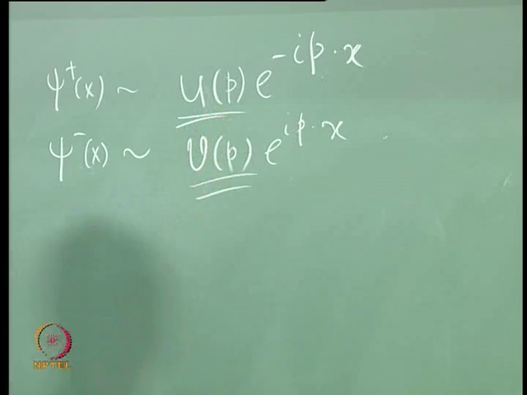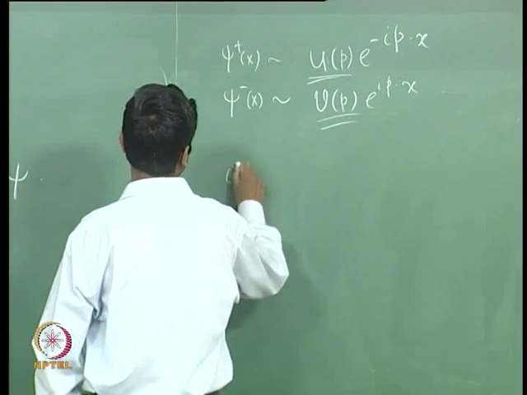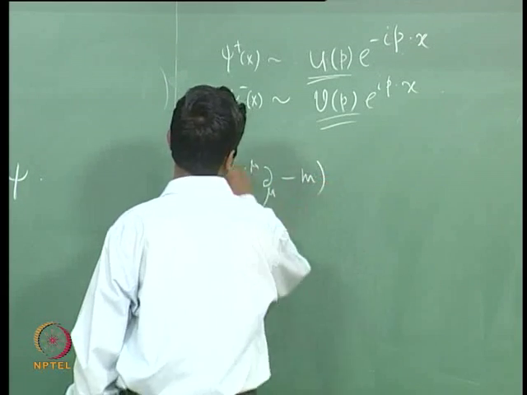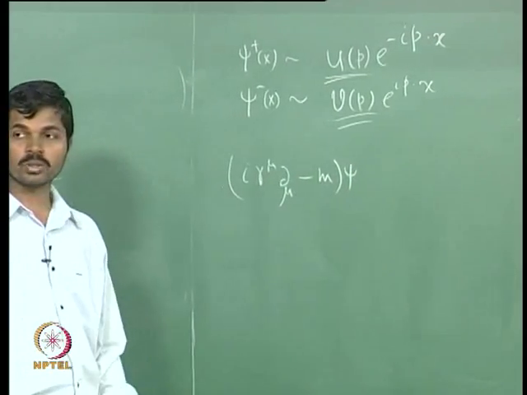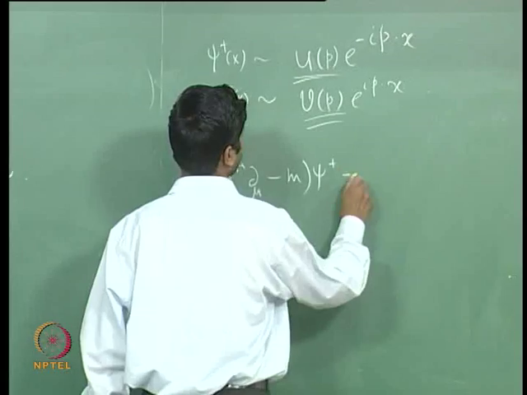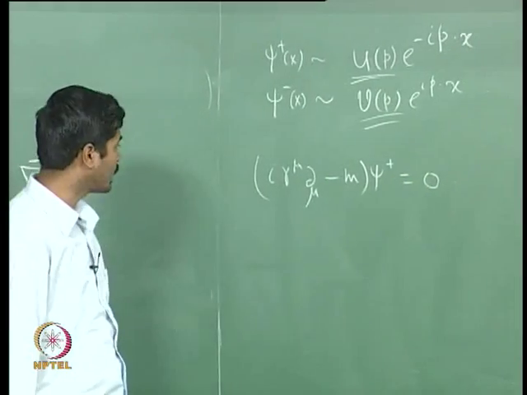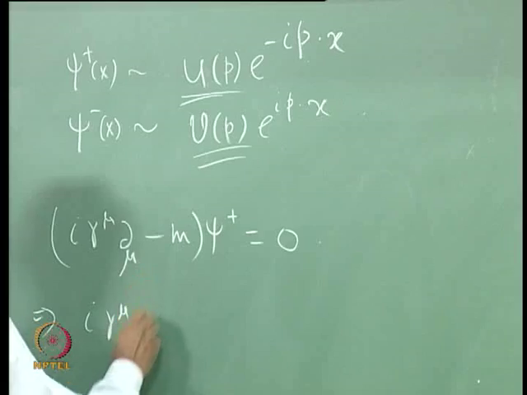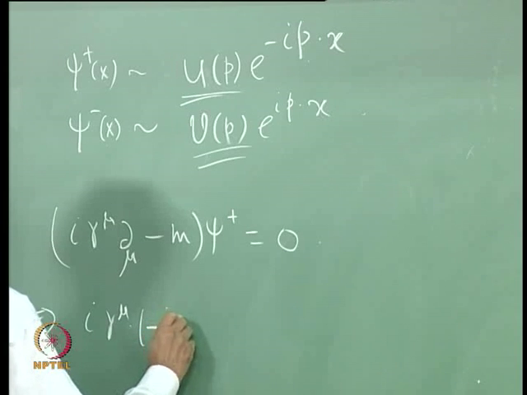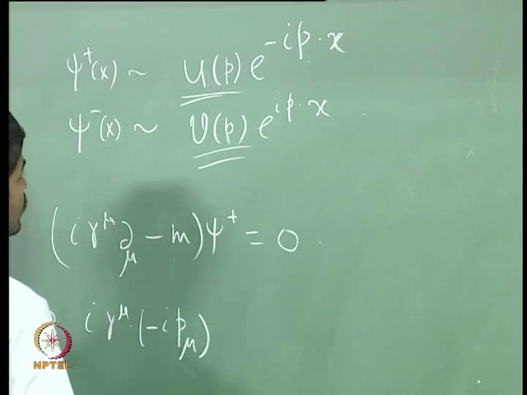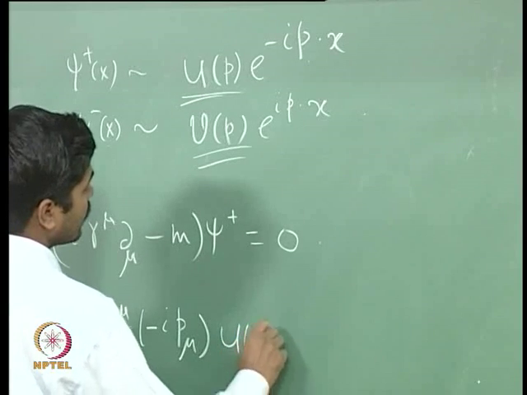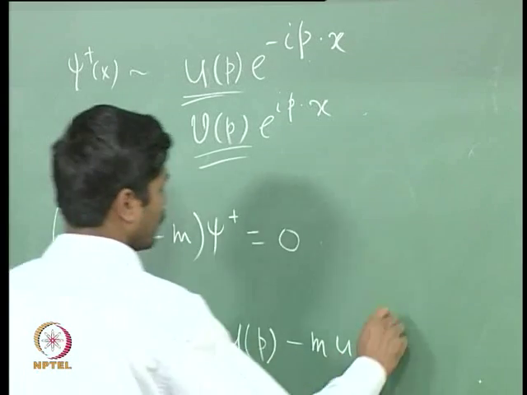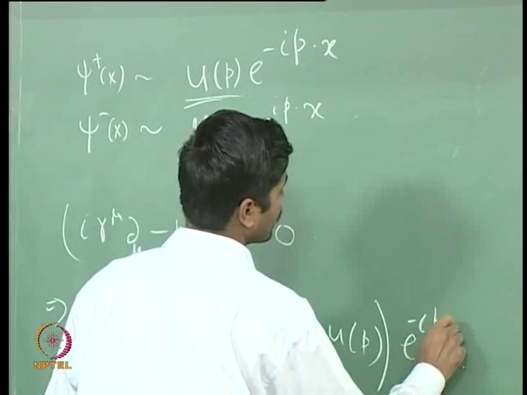So, let us consider the Dirac equation. The Dirac equation is given by (i gamma mu del mu minus m) psi. For positive frequency modes, this will be psi plus equal to 0, and this simply implies (i gamma mu times minus i p mu u of p minus m u of p) times e to the power minus i p dot x equal to 0.